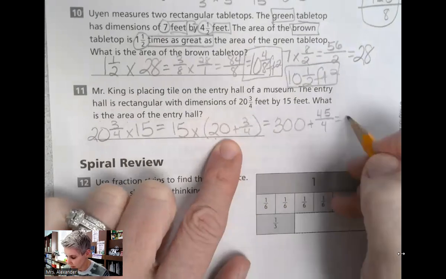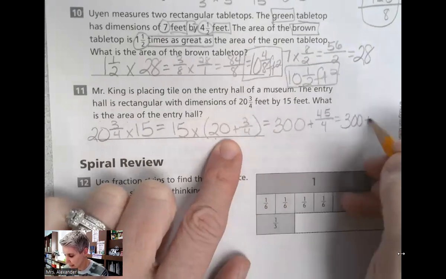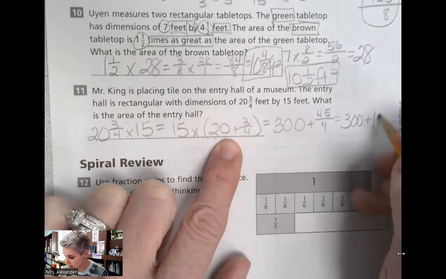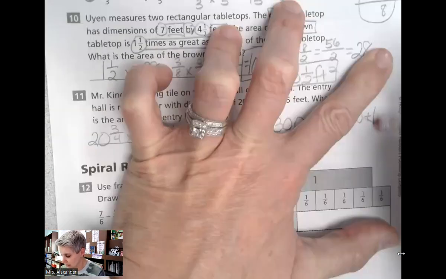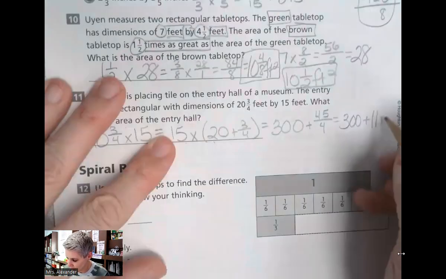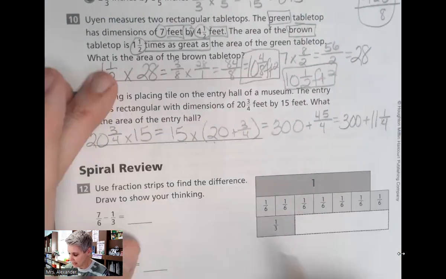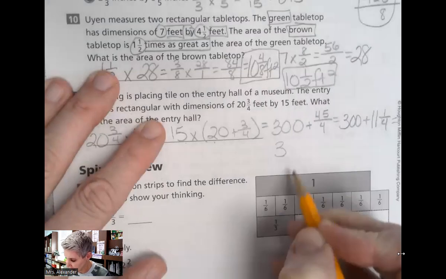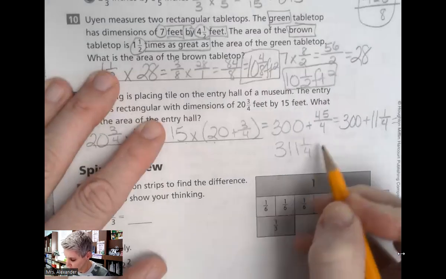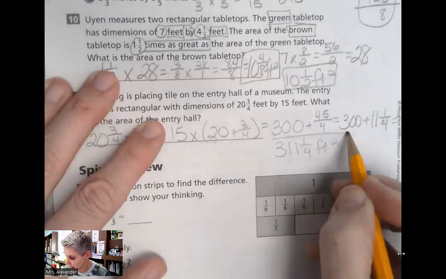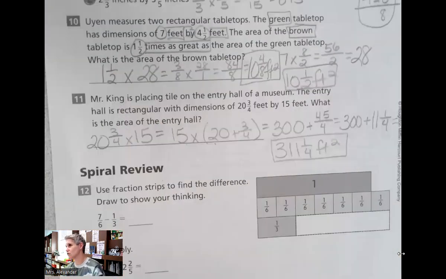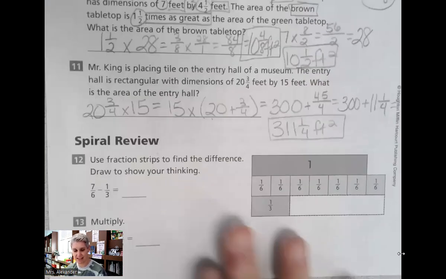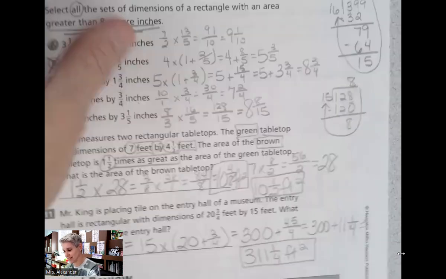All right. So that is 300 plus 10, no, almost 11 1/4. The entry of the hall would then be 311 1/4 square feet. That's a big entry. Lots of tiling to do there. I feel bad for him. If it's his job, he's used to it.